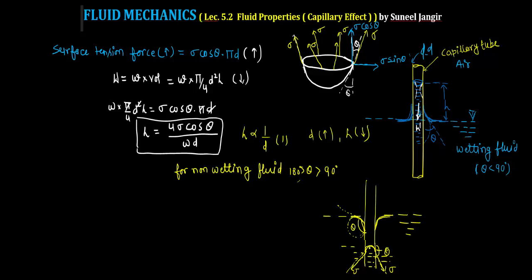Due to this displacement, the buoyant force acts in the upward direction and the surface tension force acts in the downward direction. Resolving the force vertically downward, the force along this is sigma cos theta. Earlier, surface tension acted here, the vertical component was sigma cos theta, and weight was countering. In this case, sigma cos theta tries to reduce the level and the buoyant force is countering it.